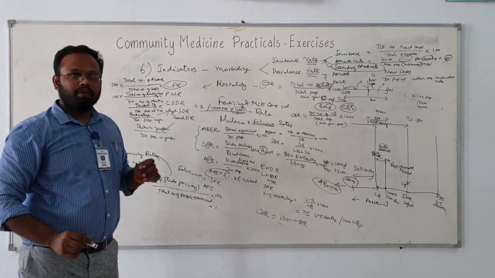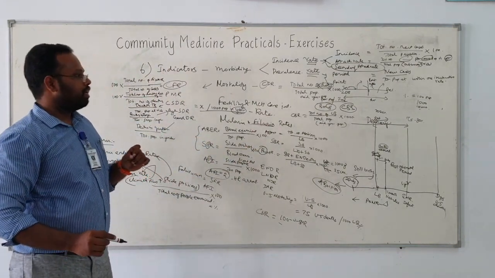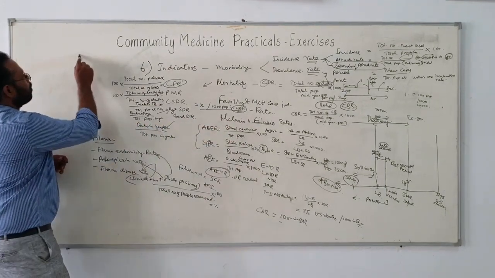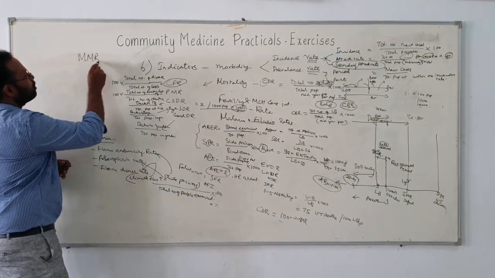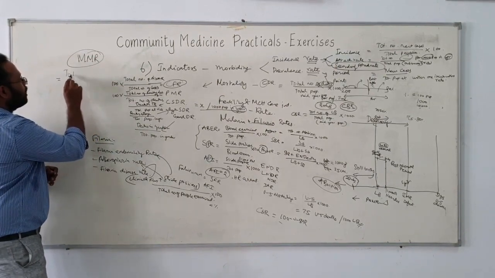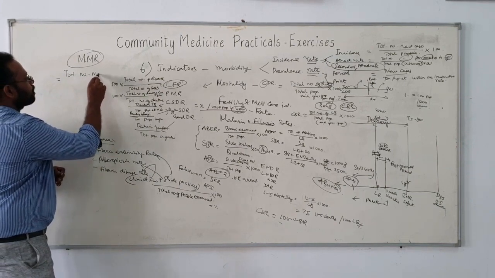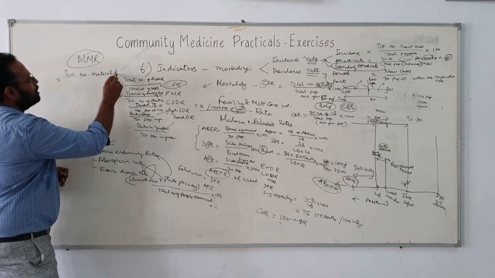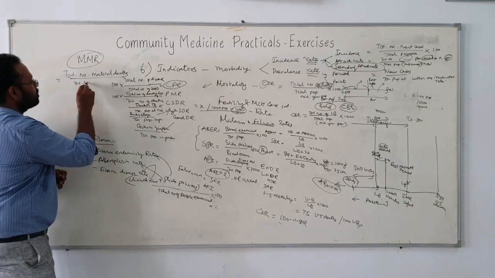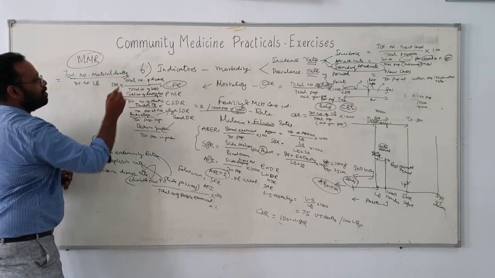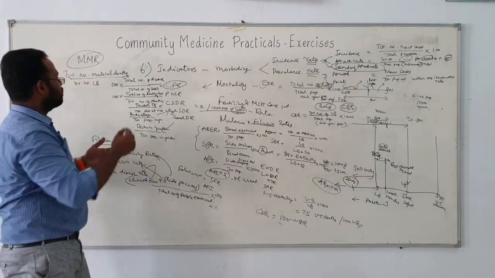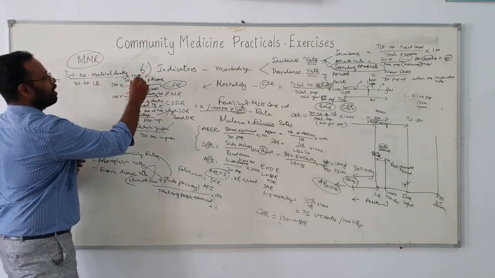Okay, now we have missed one more important indicator called the maternal mortality ratio, the MMR, which is defined as the total number of maternal deaths divided by total number of live births. Previously it was expressed per 1000. For the last 10-15 years it is expressed per 1 lakh.